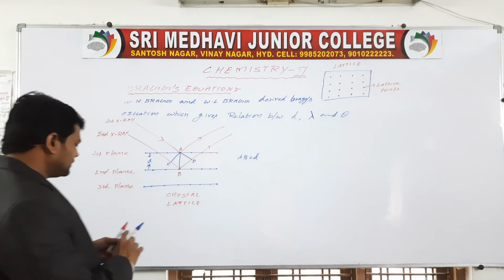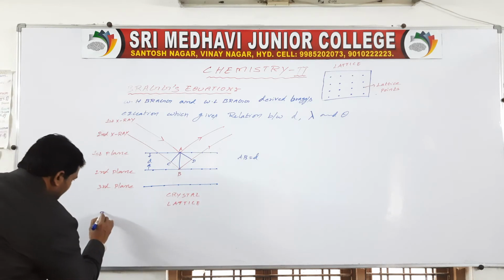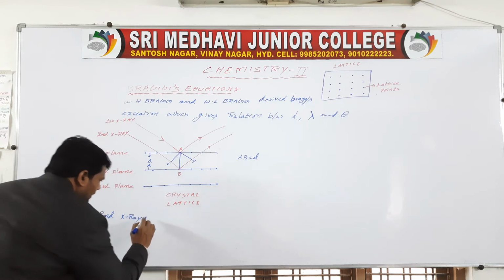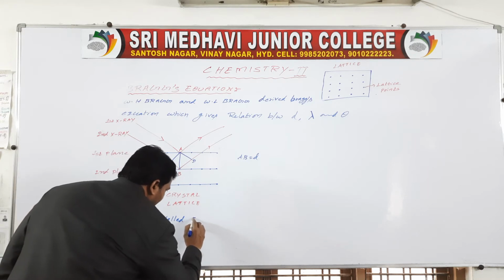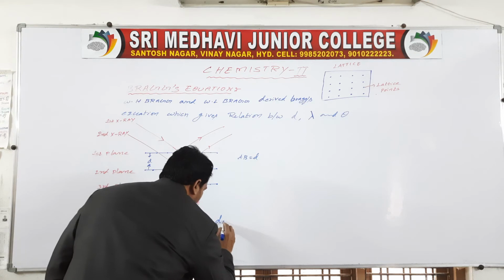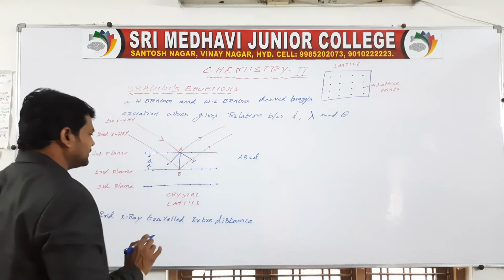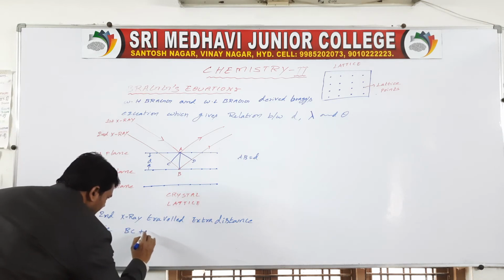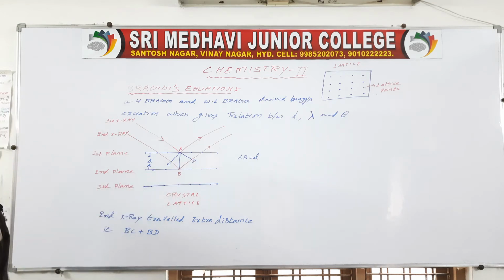Okay. So here, the second X-ray traveled an extra distance, that is BC plus BD.